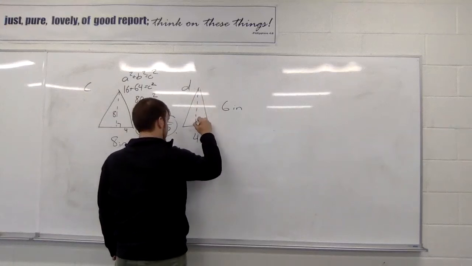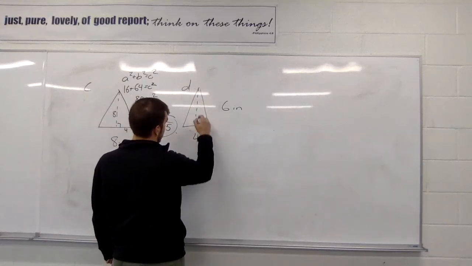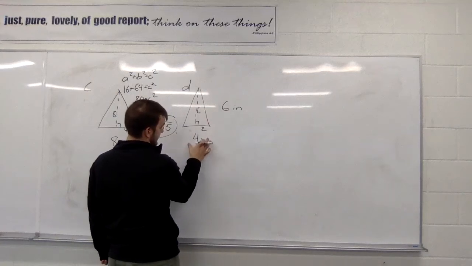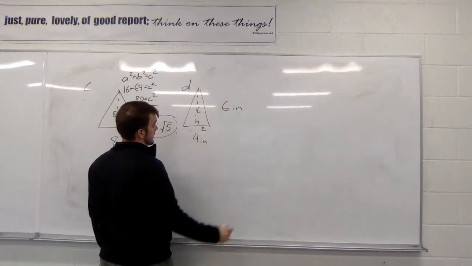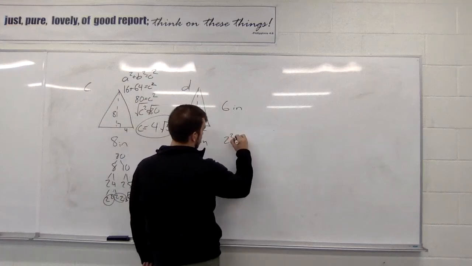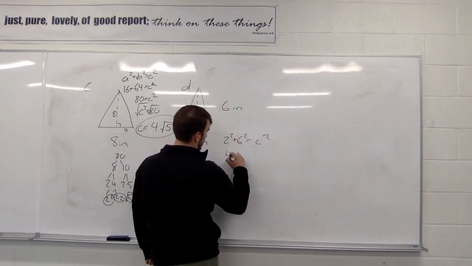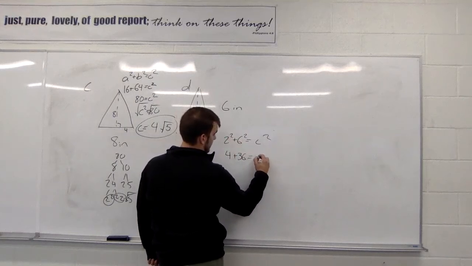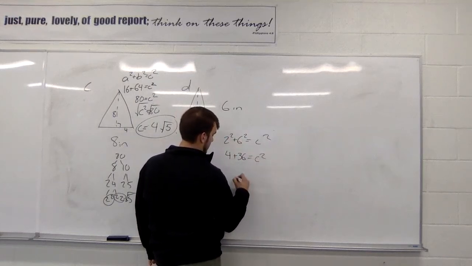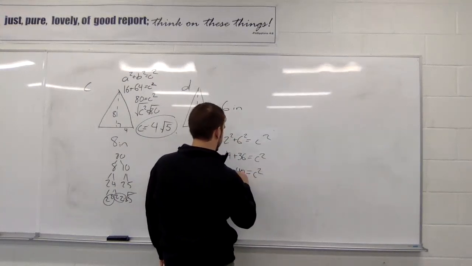Draw a line down. The base is 2. The height is 6. Again, the base is 2 because it's half of the original base, which is 4. So 2 squared plus 6 squared equals C squared. 4 plus 36 equals C squared. 40 equals C squared.